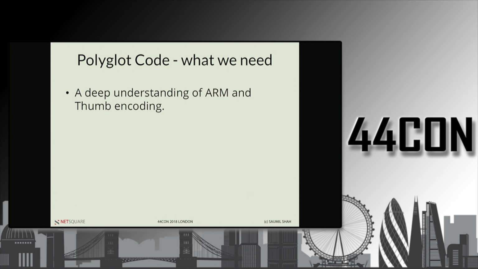Loading from the memory is destructive. If you don't know the register you're loading from, you might seg fault yourself. Writing back to the memory is destructive. Some load multiples and store multiples can be destructive. So we want to avoid all of those and then use only a few thumb instructions to do the job for us.